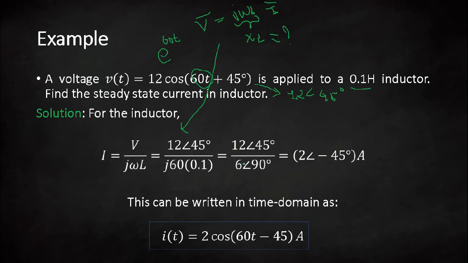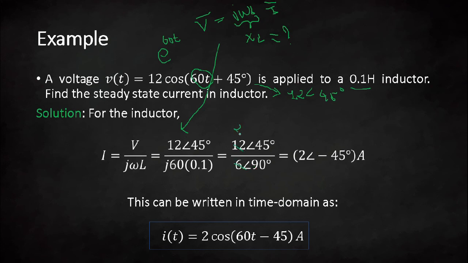Either you can deal with the rectangular form, or you can deal with the phasor or exponential form, whichever is easier for you while doing a calculation. In this case we are interested in dividing, so it is easy to deal with polar form rather than a rectangular form.